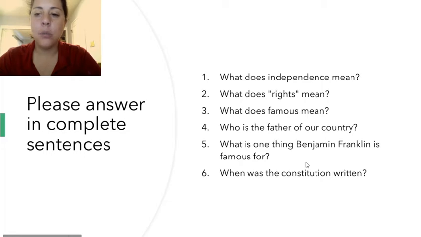Number 3, what does famous mean? Please write your answer in the comments. Remember, write a complete sentence. Number 4, who is the father of our country?